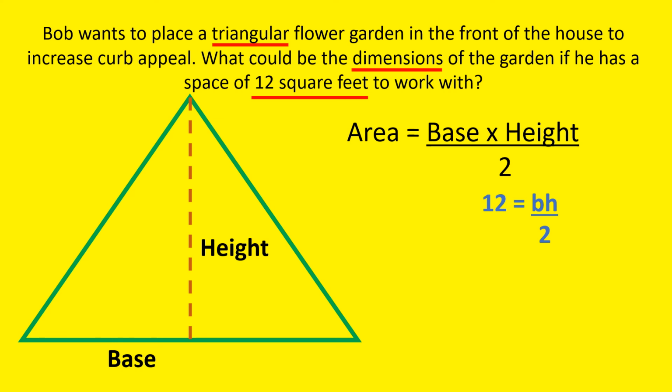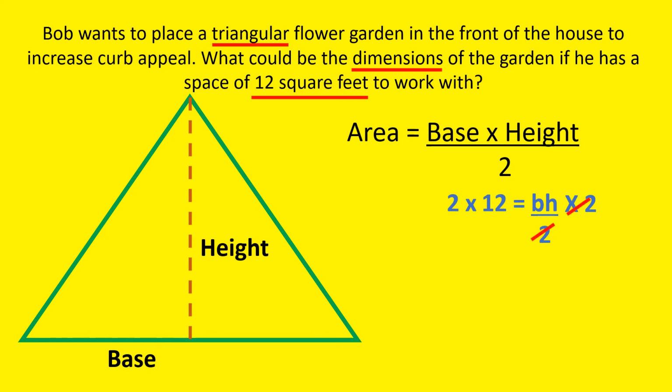This ends up being one of our algebraic problems where we're going to try to solve for a variable. What is the opposite of dividing by 2? Well, I can multiply times 2. But if I do that to one side, I have to multiply times 2 on the other side. So we can go ahead and do that. Looking on the right, what happens when I multiply and divide by 2?